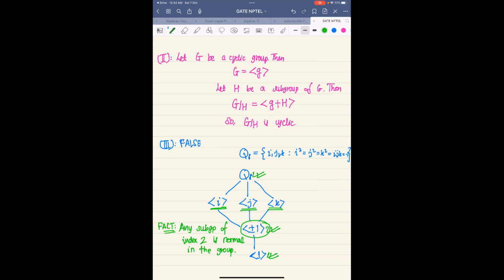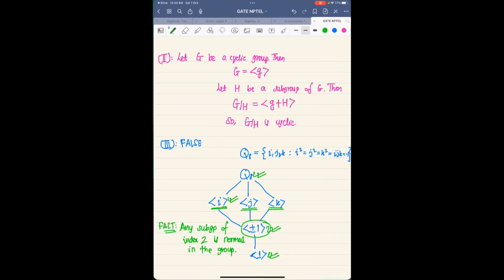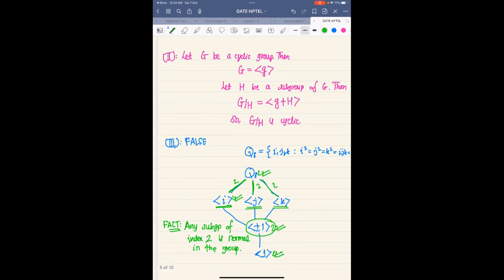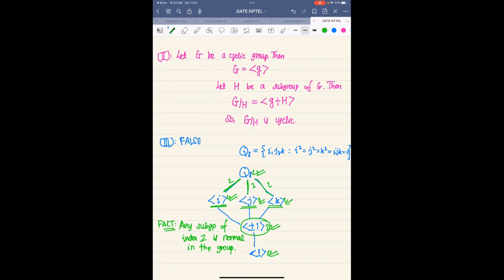Okay. So this is of order 4, so this is of index 2 here. This is of index 2. This is of index 2. So these 3 subgroups are also normal. So you see that all the subgroups of this group Q8 are normal, but Q8 is non-abelian.